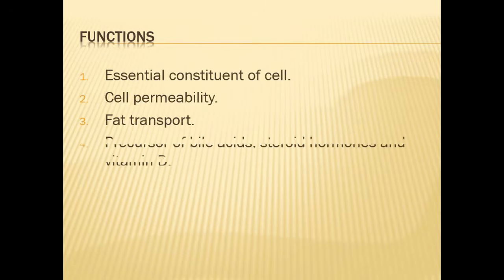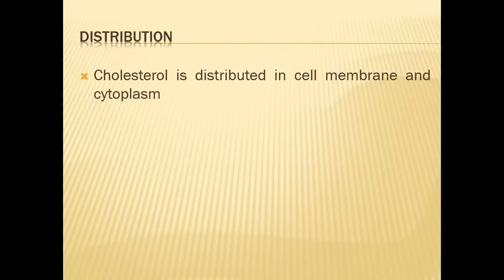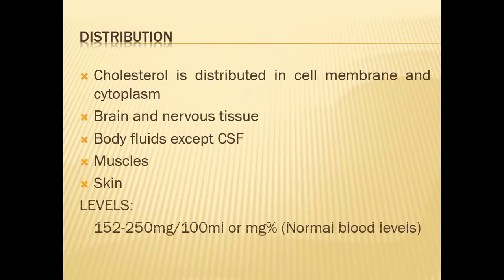It also helps in fat transport, and is a precursor of bile acids, steroid hormones, vitamin D, and an anti-lipotropic factor. It is distributed in the cell membrane and cytoplasm, brain and nervous tissues, and body fluids except cerebrospinal fluid. It's also present in muscles and skin. Level is around 150 to 250 milligrams per deciliter, though nowadays it's less than 200 milligrams per deciliter.